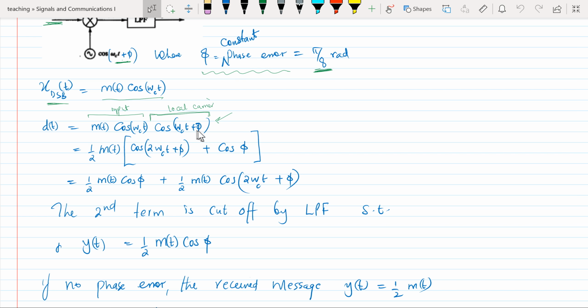We are employing the known trigonometric identity that cos A cos B is always given by 1 over 2 times cos of A plus B plus cos of A minus B.